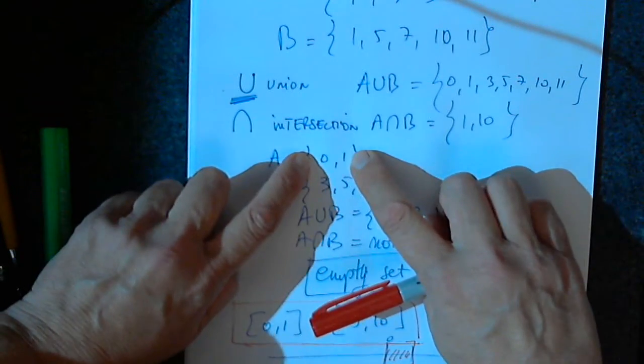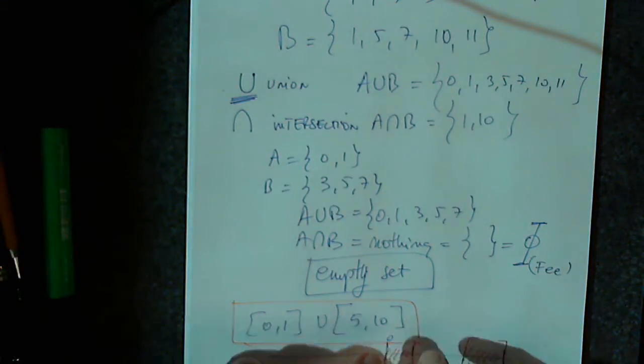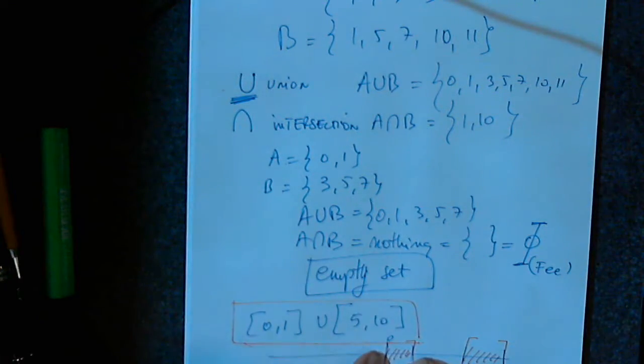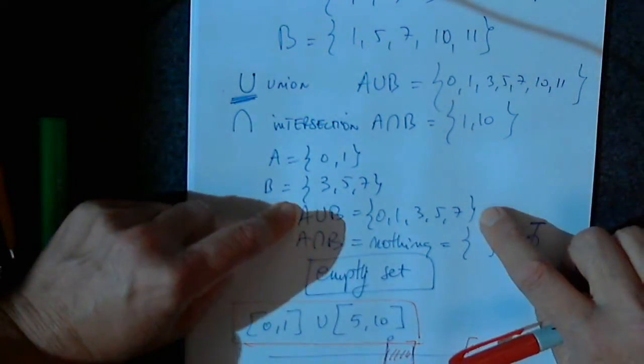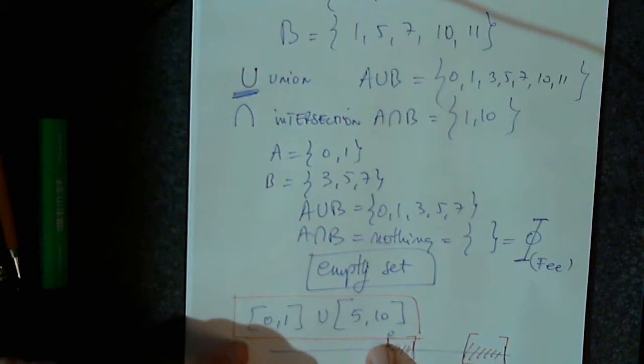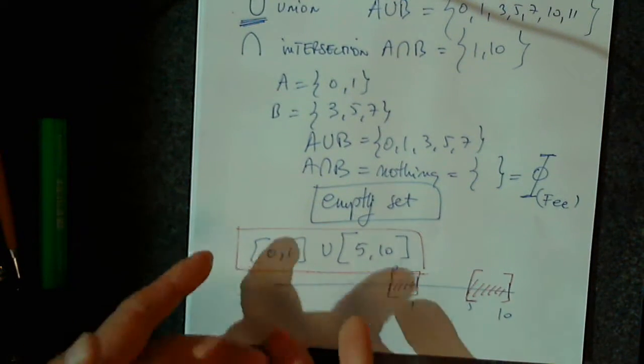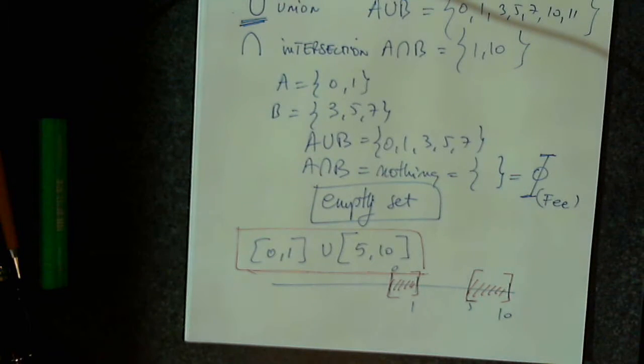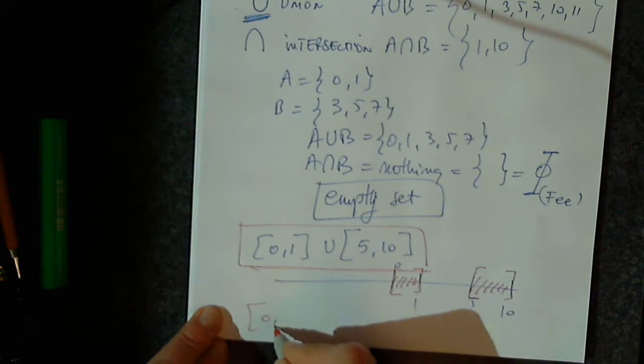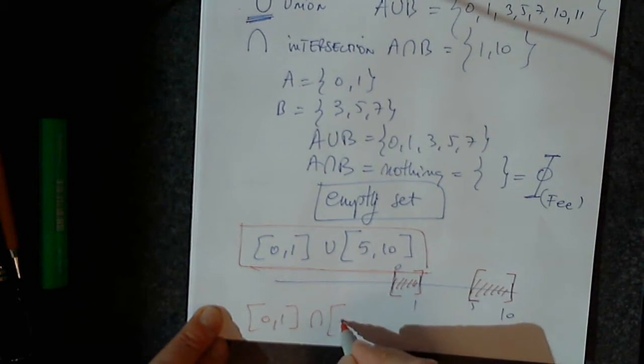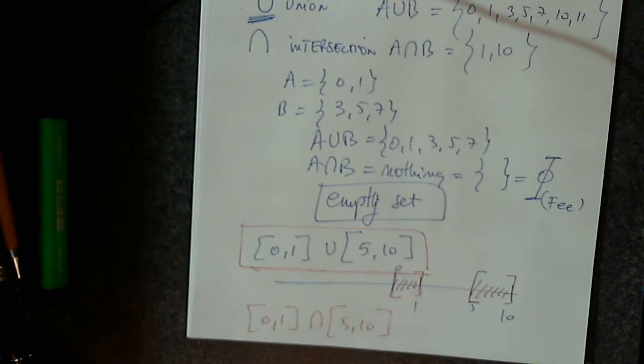Imagine this was set A, which is not the case, but I'm just comparing. This is this, and this is this. And when I create the union, all I have to do is just put them together and write them only once. That's the union. What if I want to change this into the intersection? What will you say? Which are the common elements to these two intervals? Where do they overlap?